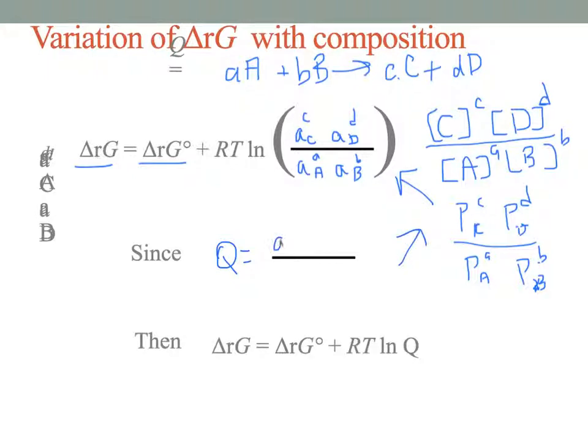So basically, in P-Chem, Q is equal to the activity of C raised to the power of C times the activity of D raised to the D over the activity of A raised to the A times the activity of B raised to the B. So basically, this is the same thing as Q.